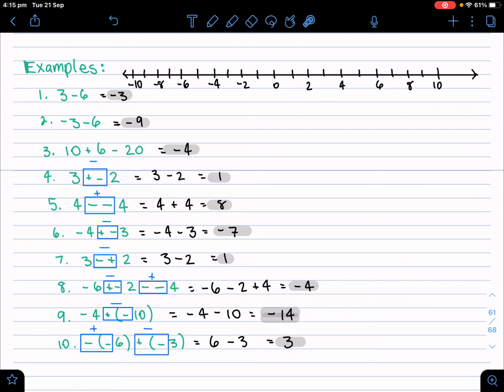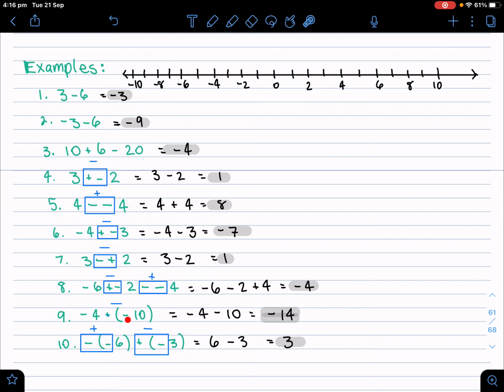Well, let's change it up a bit. Sometimes the symbols are written with brackets when we're substituting or something like that. So if I had minus 4 plus minus 10, those two symbols are next to each other, so the bracket doesn't mean much.